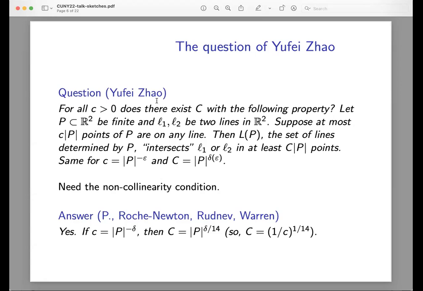So if you take c to be 1/1000, the question is, can you find a capital C that is relatively large and has this property?